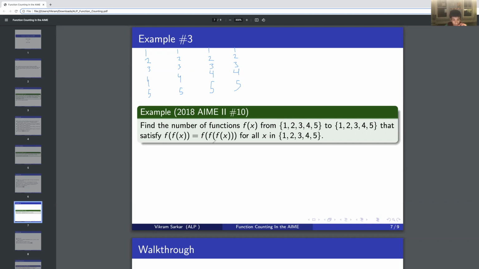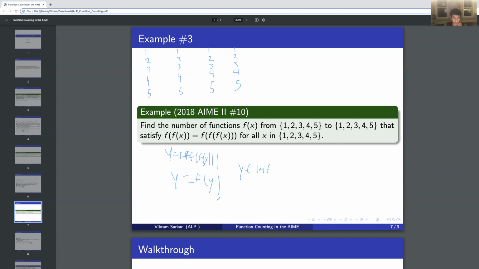So f of f of x is f of x. So one thing you might want to do is let y equal f of x. Oops, this is horrible handwriting. So this means that y equals f of y. So for all y in the range of f, which is the image of f, y equals f of y.